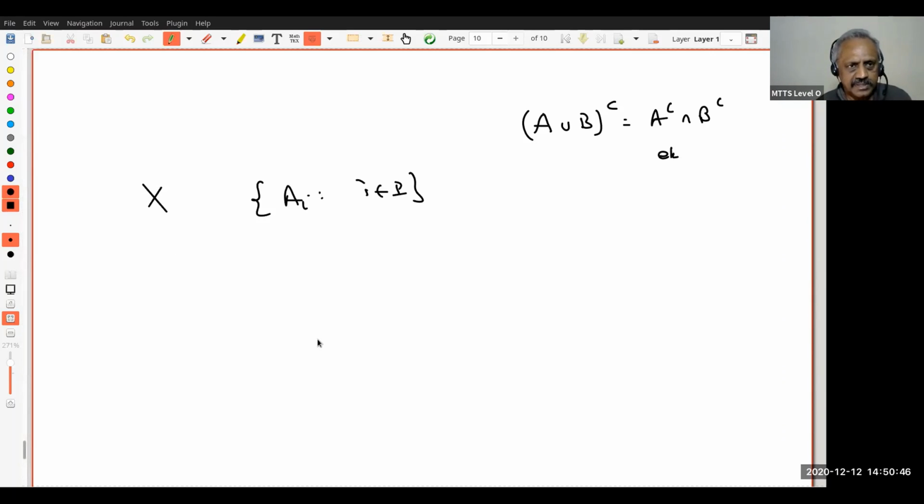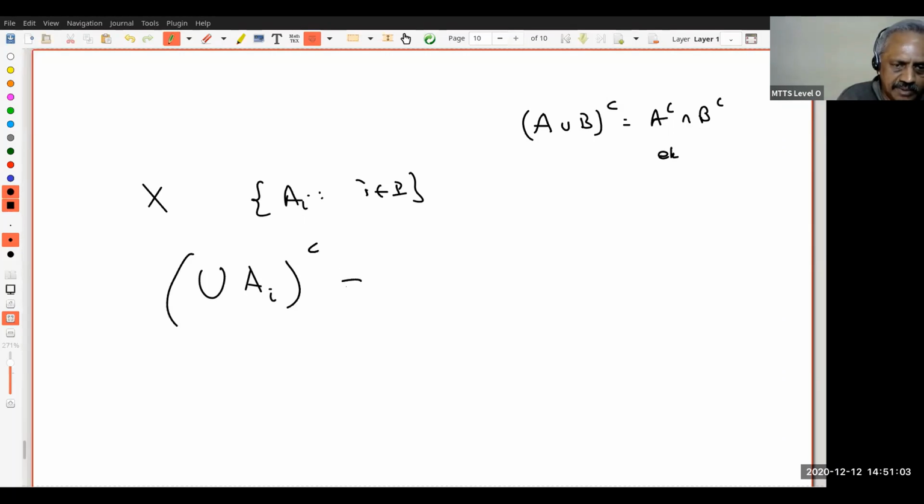I'm just using an index family, but remember you can also do it without an index. For the sake of understanding, I'm assuming there is an index. Now suppose we take the union of A_i, and what is its complement? What is this by definition? This is X minus the union of A_i, i in I. This is the complement.